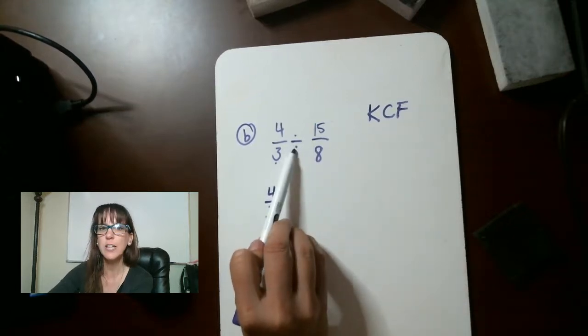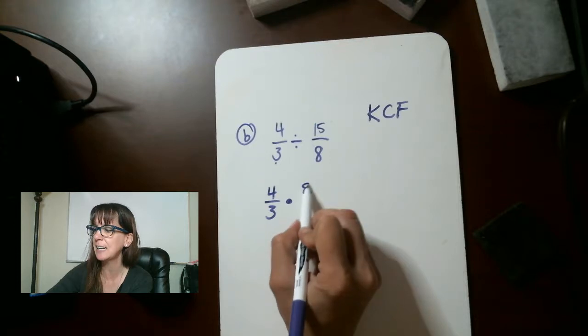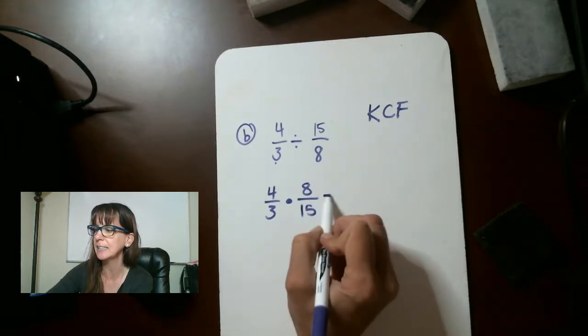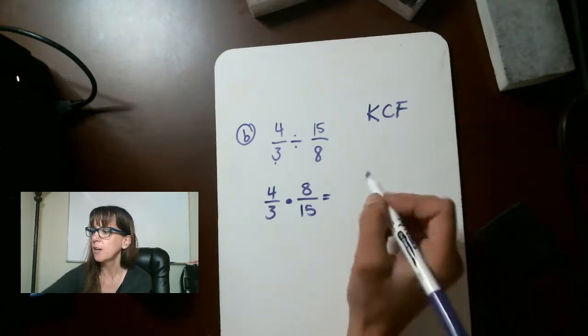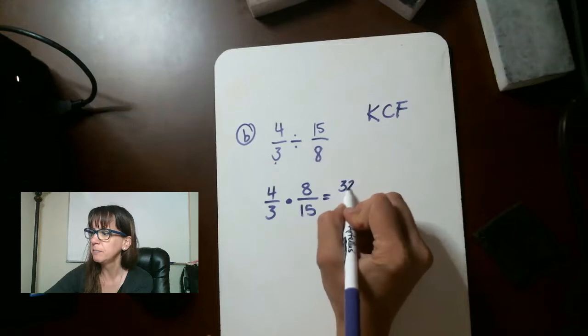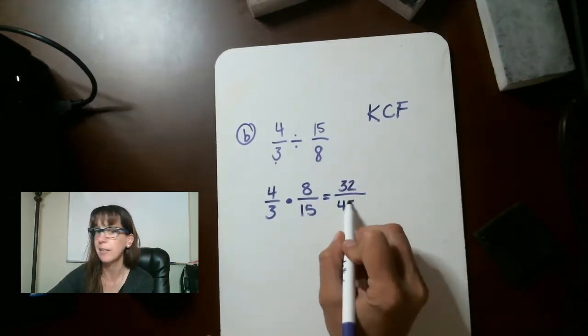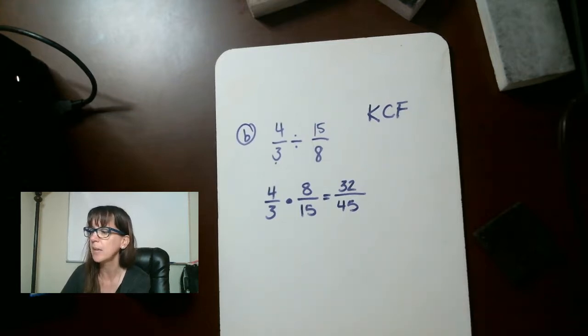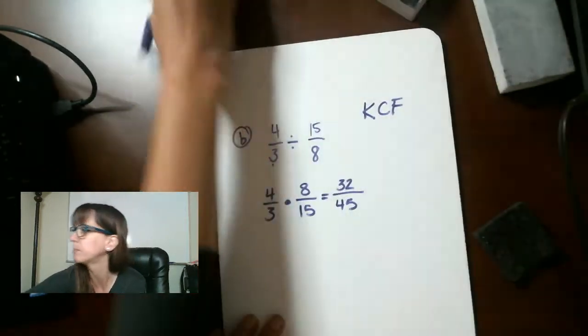We change the division to a multiplication, and we flip this last guy, 8 over 15. And then we just treat it like a normal multiplication problem, okay? So this would give us 32. And on the bottom here, we would have 45. I had to think about that for a second. 45. Any questions on that? Let me know. Otherwise it's just a normal multiplication problem.